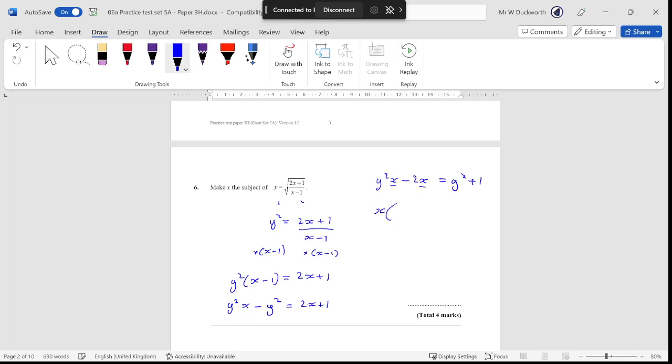So x times by y squared minus 2 is equal to y squared plus 1. Then I divide by y squared minus 2 on both sides. And that gives me x is equal to y squared plus 1 divided by y squared minus 2.